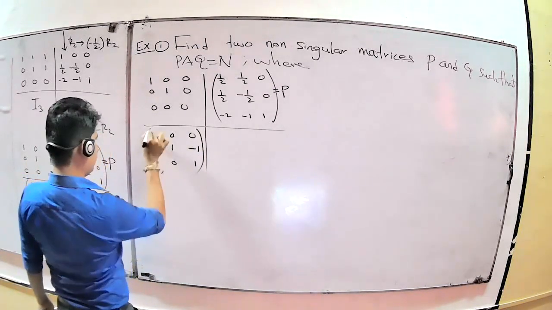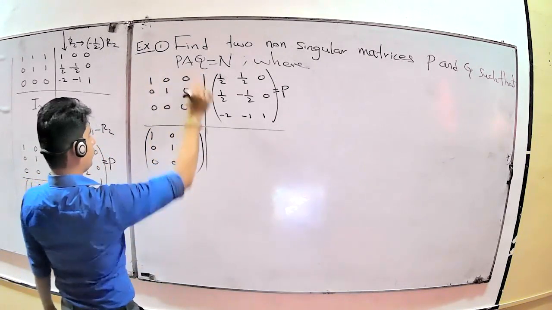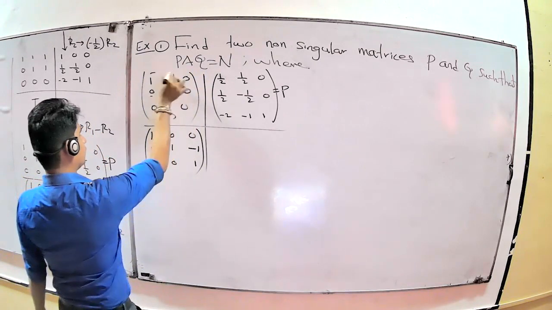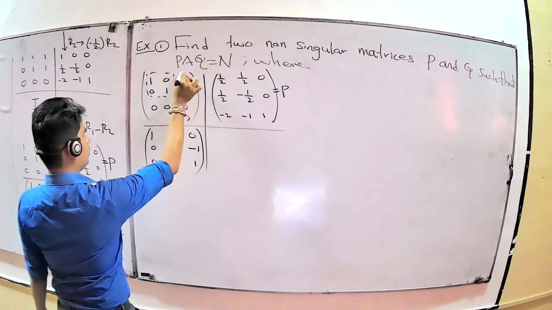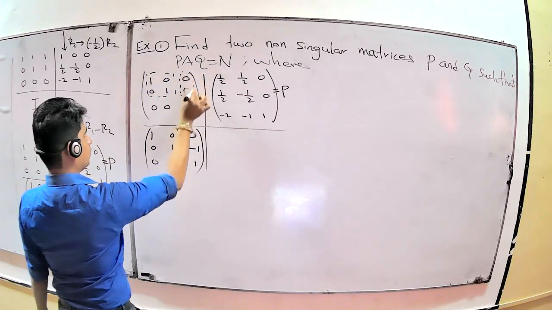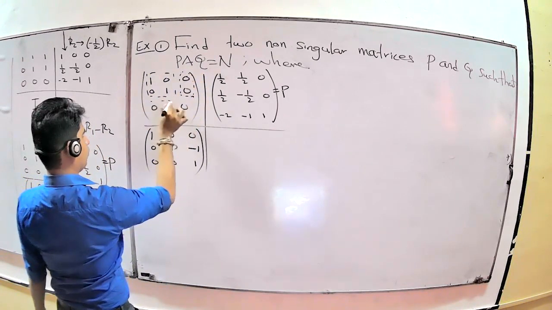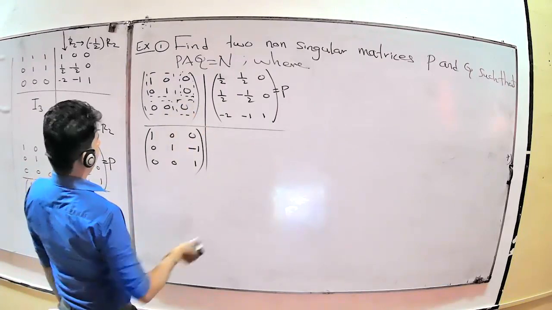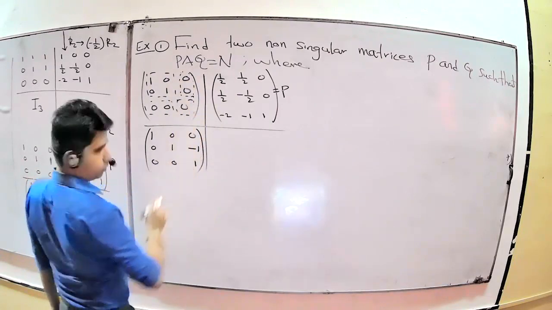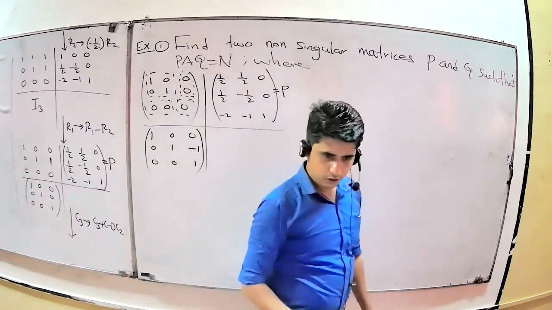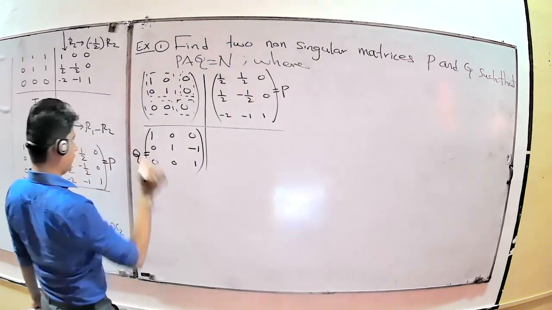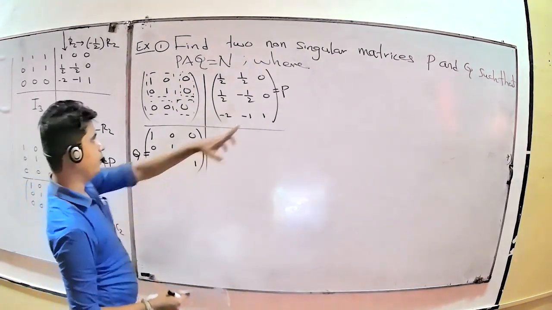Now you found the normal form, it is okay. It is your normal form because here it is I2, here both are 0, here both are 0. It is a normal form, no? Therefore, it is I2, right? This I2, this I2, therefore it is your Q matrix, right? Now you found the P matrix and Q matrix.